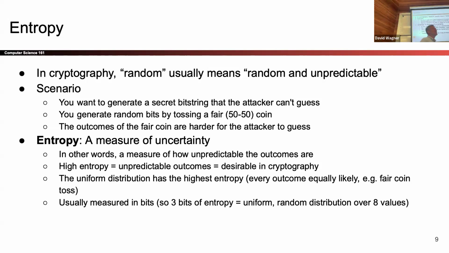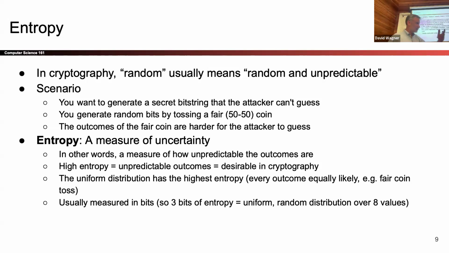So if I said I'm rolling a 10-sided die to get a digit from 1 to 10, and you had to guess that number, how many bits of entropy are there in that random number? It's a little bit more than 3 bits.